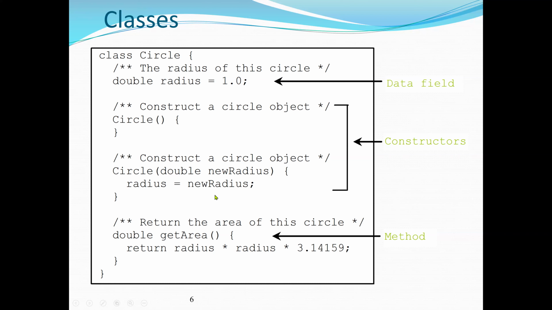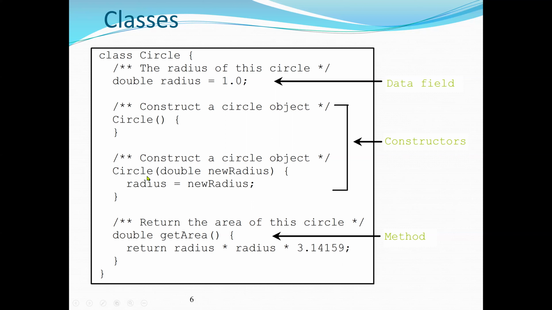Here we assign the new radius to radius. When we call or invoke this constructor, whatever value we have in the parameter will be the value of the radius, because the parameter name is new radius. Then we assign the new radius to the instance variable, the radius.